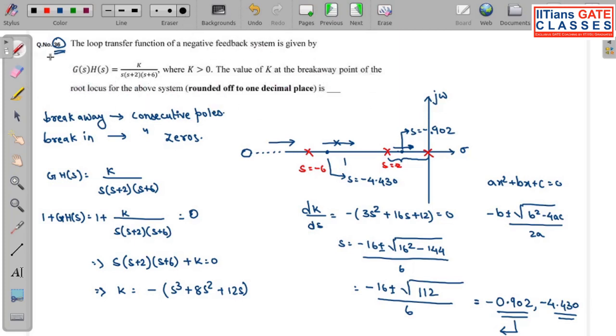So that is not good actually. What is the next step? You just need to put this minus 0.902 in this equation and you will get your answer. So if I do that, what is the answer I will get? One thing, always take care of the negative.